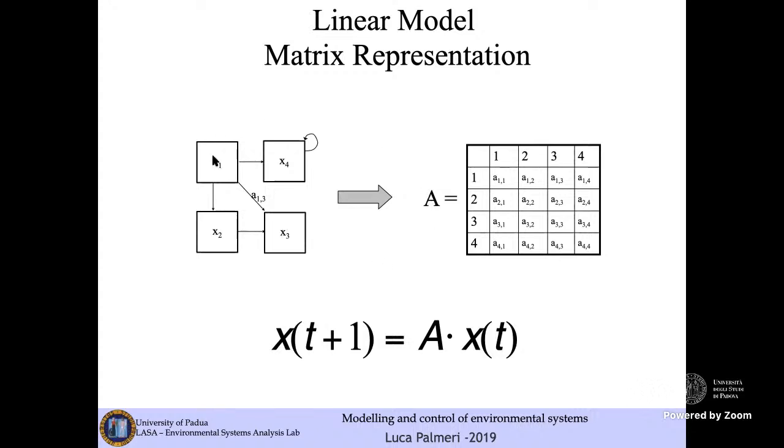Then it is straightforward to convert this drawing into a matricial representation in which we represent the interaction between the four actors, 1, 2, 3, 4, by including the flows of the currencies between the four actors of a plot.